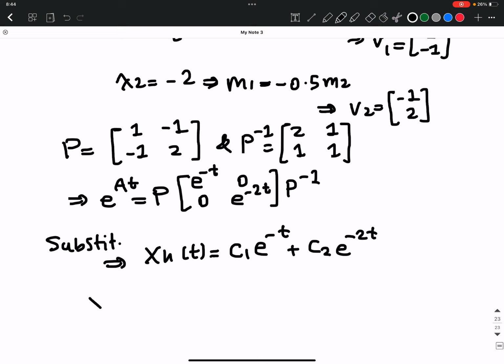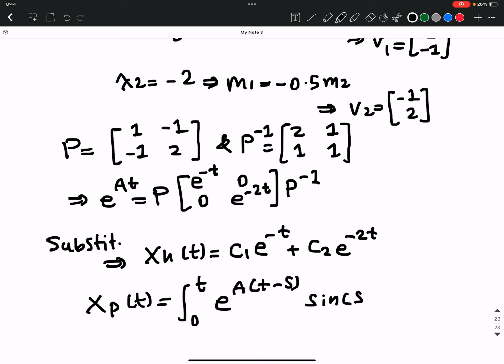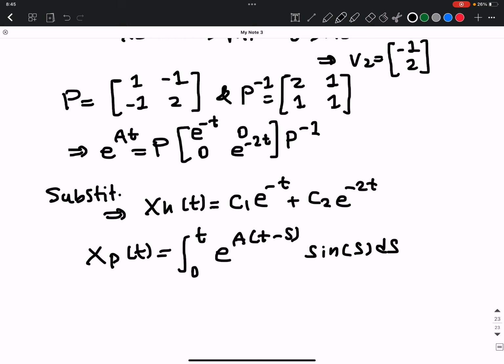Now, the next thing I need to do is to calculate the particular solution. So I found the homogeneous solution. For the particular solution, I need to calculate this integral from 0 to t of e to the A (t minus s) sine of s ds. You can calculate this integral. I'm not going to do that. And then what you will get is as follows.